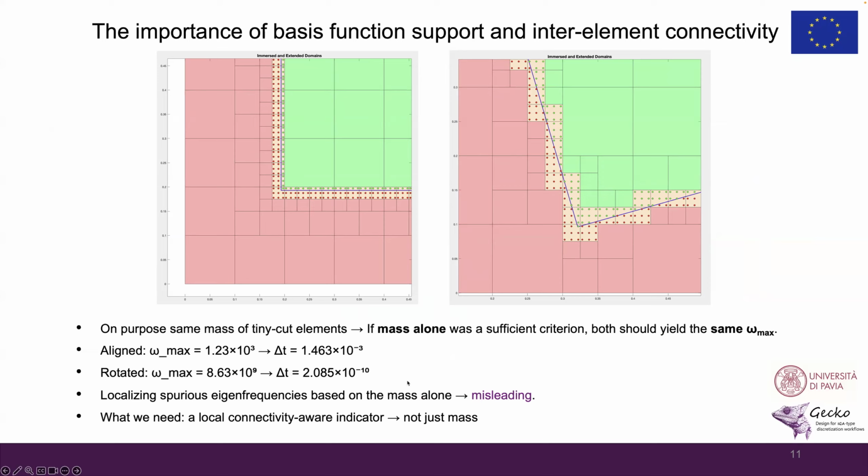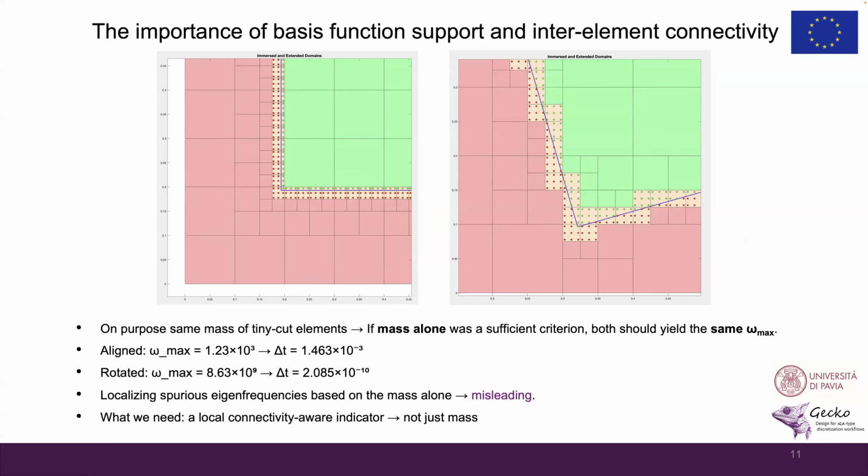The zoomed views, as we can see here, could give us some hints about the why. In the right setup, looking closely at the corner, a tiny cut element can be surrounded mostly by void elements, meaning there is almost no physical mass available in the surrounding region to compensate.